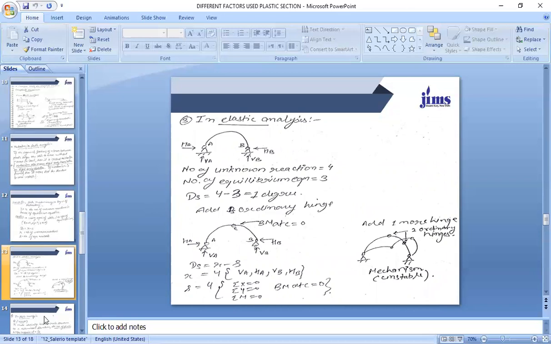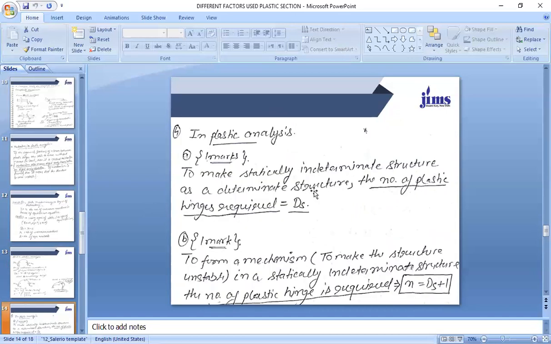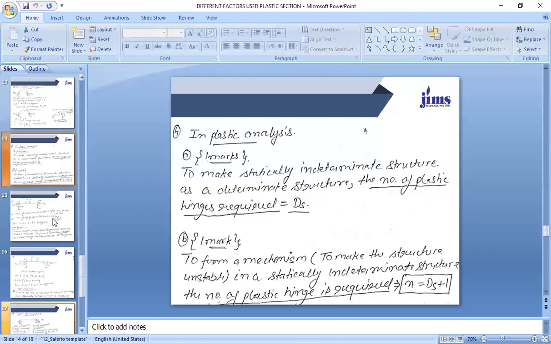So to make an indeterminate structure determinate, we just provide DS number of hinges, right? To make a mechanism in a statically indeterminate structure, the number of plastic hinges required is DS plus 1. So these points must be remembered. They are also asked in competitive exams.